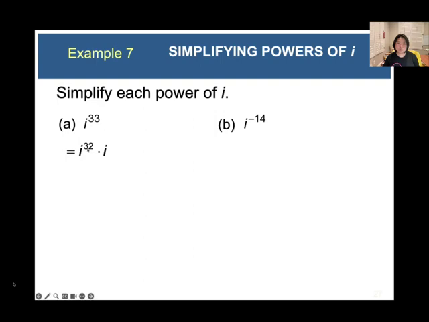So that's going to be 32, which is going to be an even number. And they put it like 4 times 8, that will be 32 here. And you know i to the power of 4 is going to be +1. Oh, I think they forgot the i in here. Okay, they're supposed to keep the i here. So that will be equal to i. Okay?